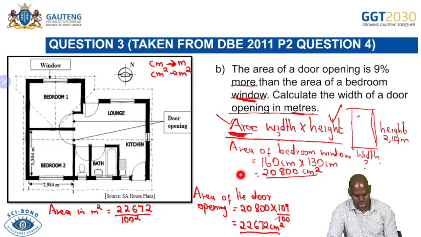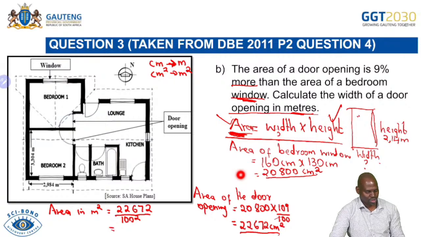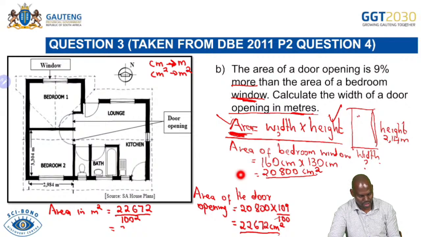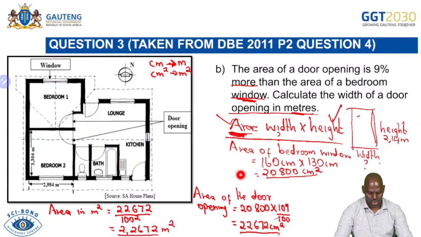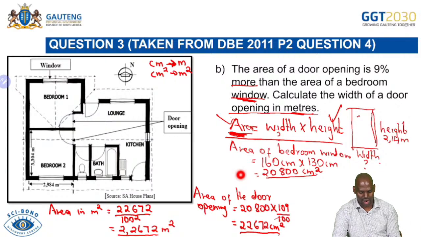So we take that 22,672 and divide it by 100 squared. This is 2.2672. So this is the area now in square meters, 2.2672. It means the area of the door opening in square meters is this one.